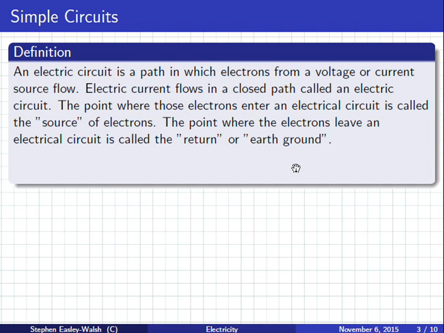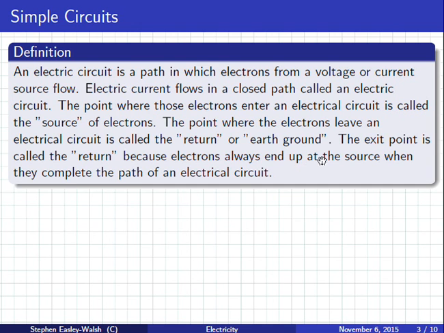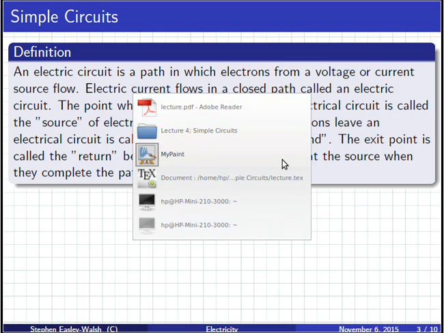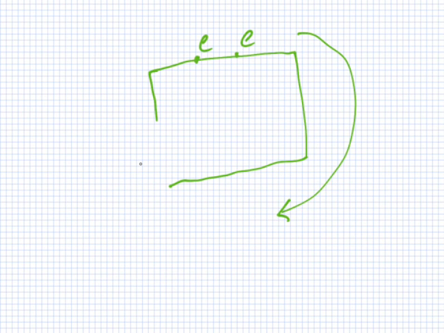Electric current flows in a closed path called an electric circuit. The point where those electrons enter is called the source, and the point where they leave is called the return, or the earth ground. I know there's a lot of English here, but what it comes down to is this.